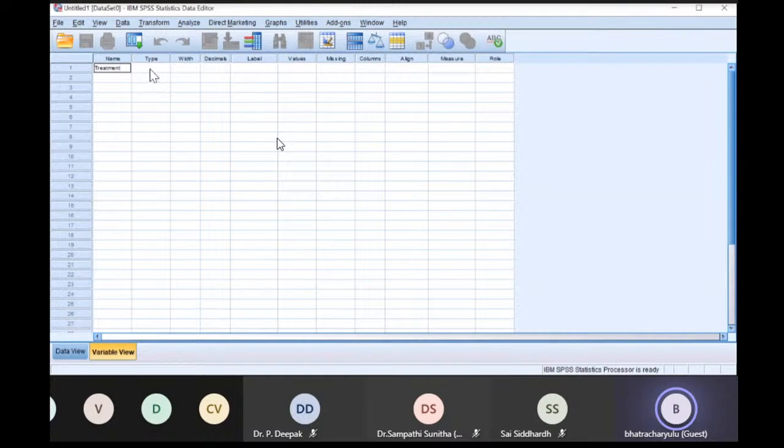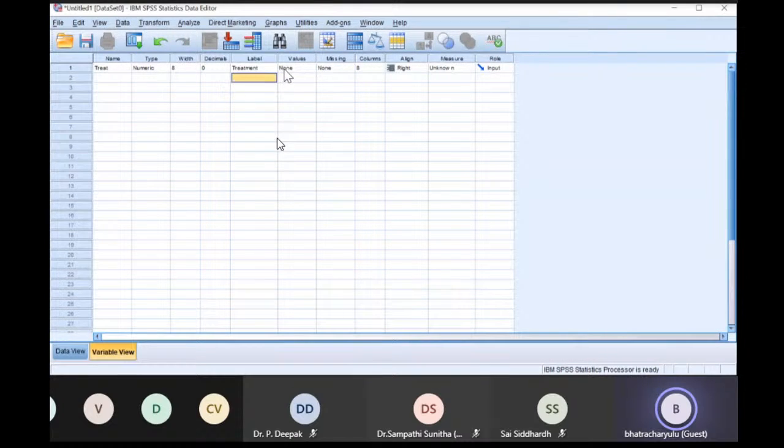Enter. Here you get the value decimals, which you put as 0. Label as treatment.